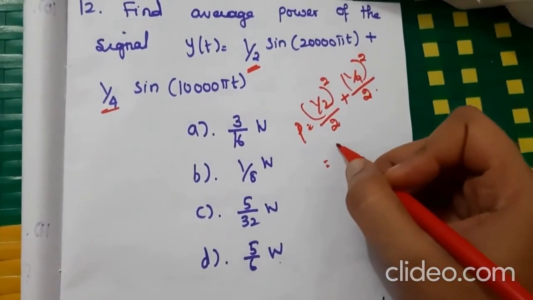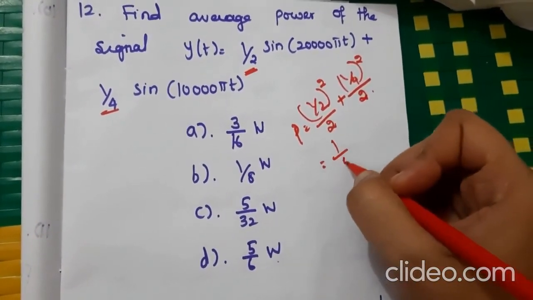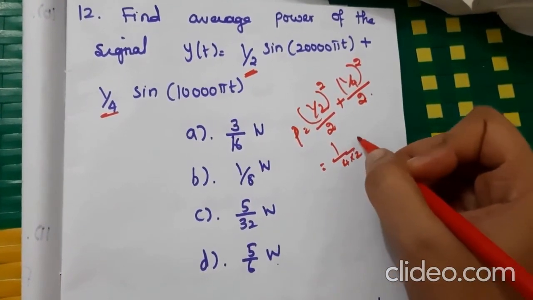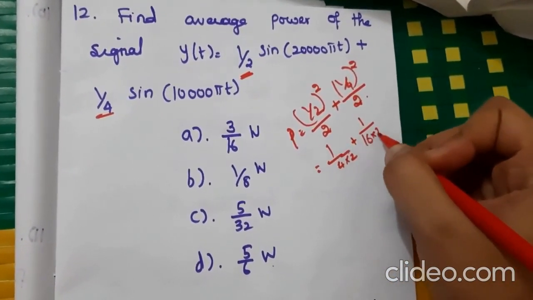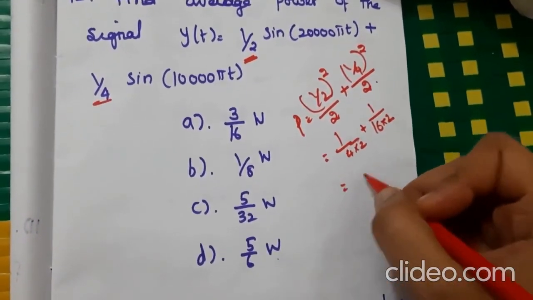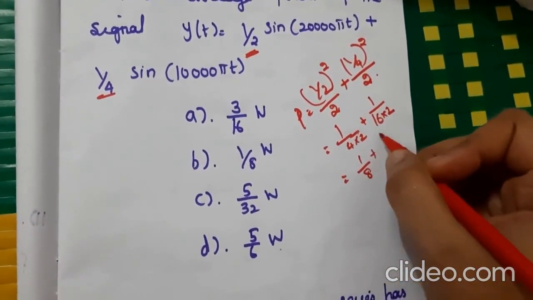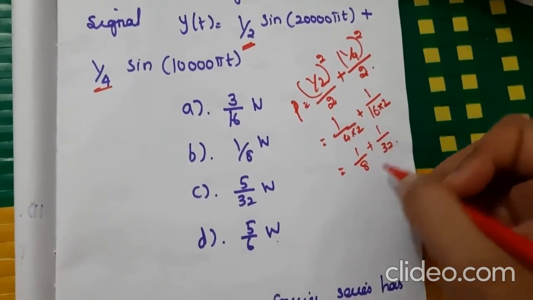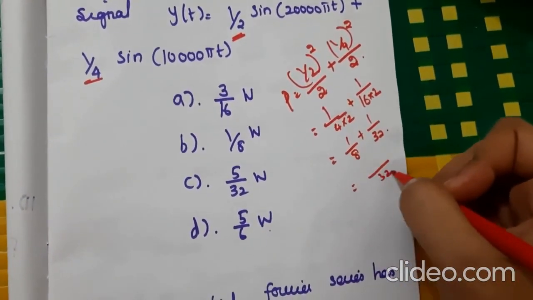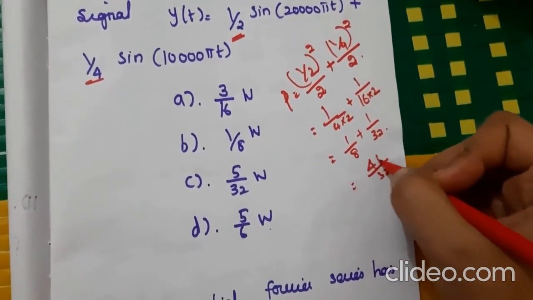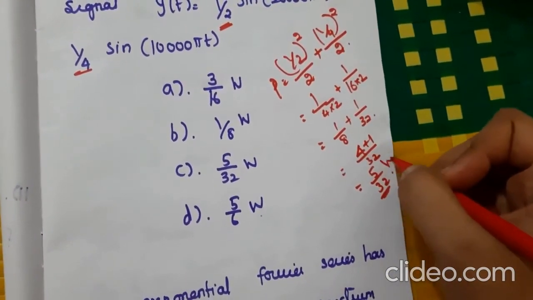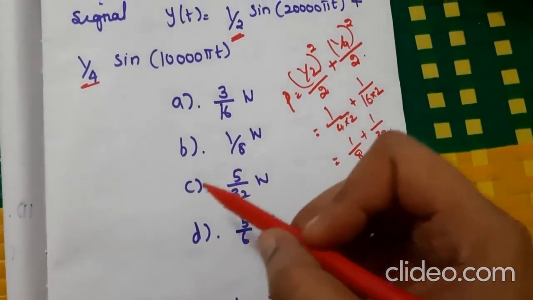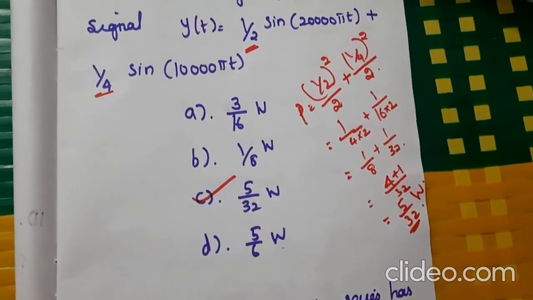So here the answer is 1 by 4 into 2 plus 1 by 16 into 2. Solving this we will get 1 by 8 plus 1 by 32, and taking LCM 32, this is 4 plus 1. So here the answer is 5 by 32 watts. So here the answer is C, 5 by 32 watts.